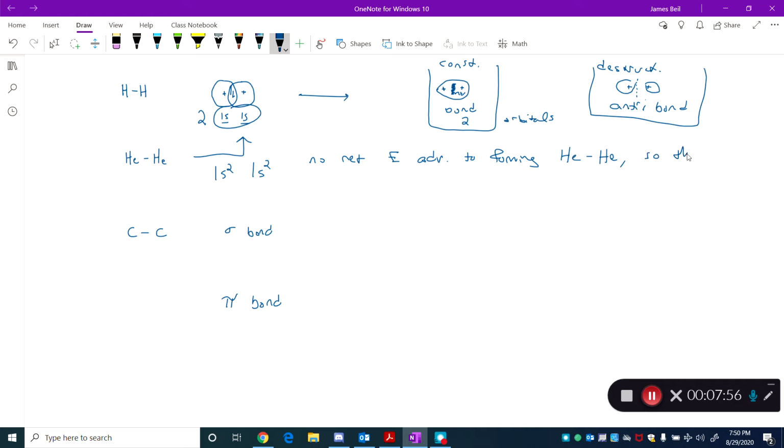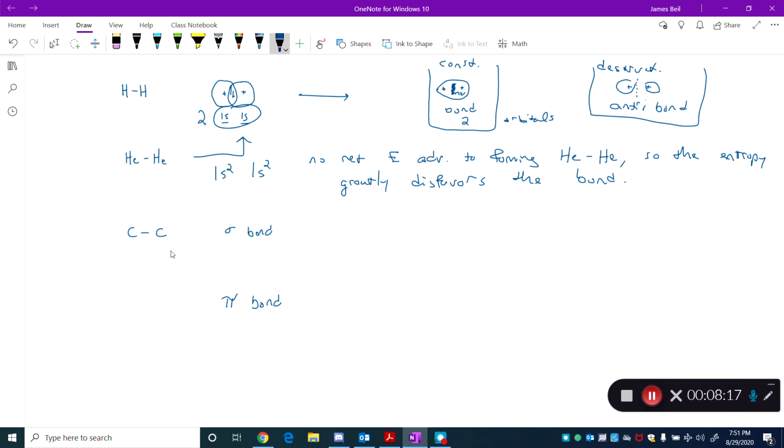So the entropy greatly disfavors the bond, and that's why the bond doesn't form between 2 helium atoms.